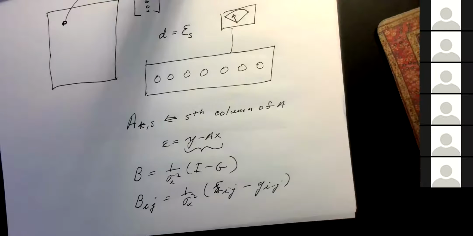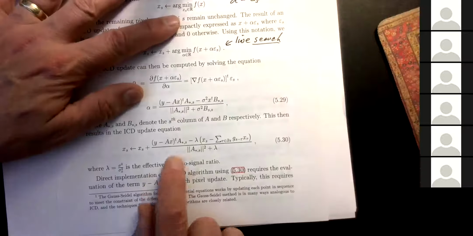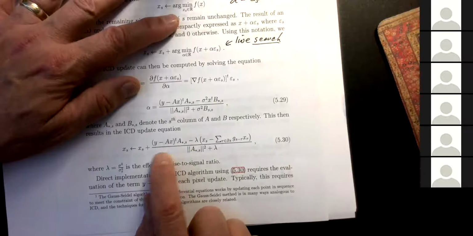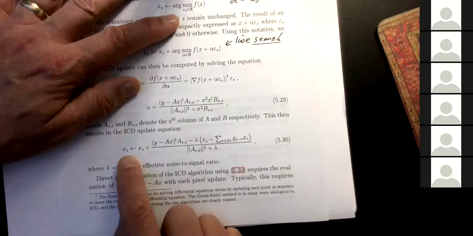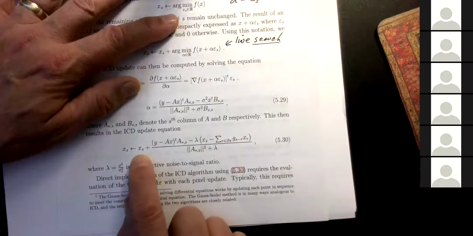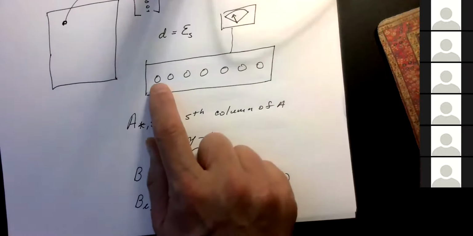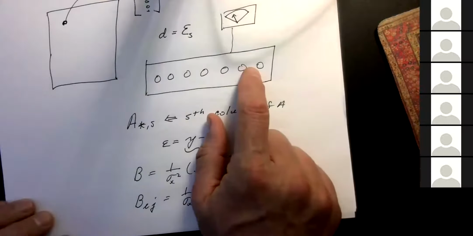Okay, so now, there's one other very important trick. This is the computation it takes to do one pixel update. But you need to update every pixel in the image. Remember, the pixels in the image are like knobs on an amplifier.